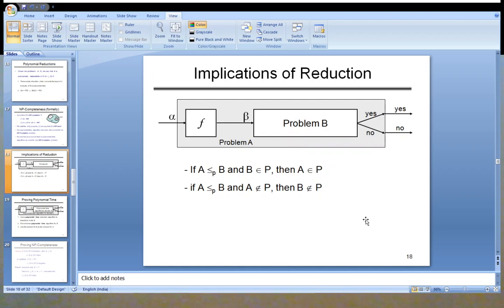From this diagram, we can see how the input alpha of problem A is converted into the input beta of problem B using a function f.